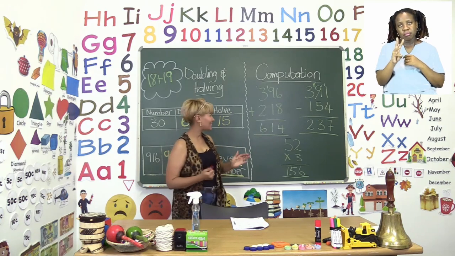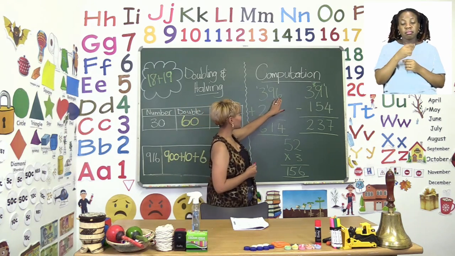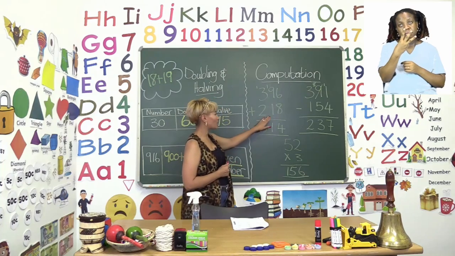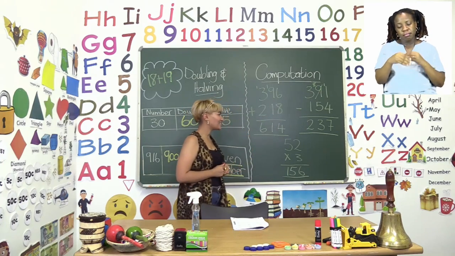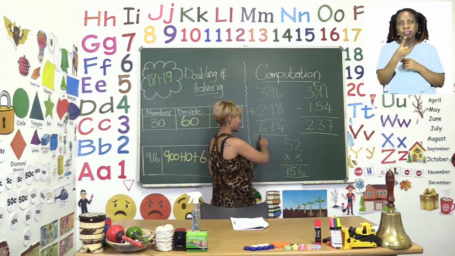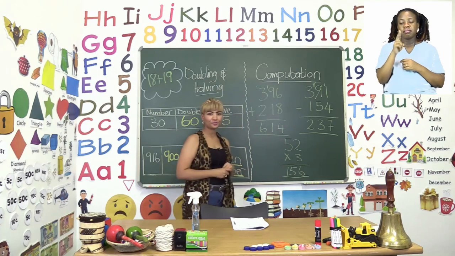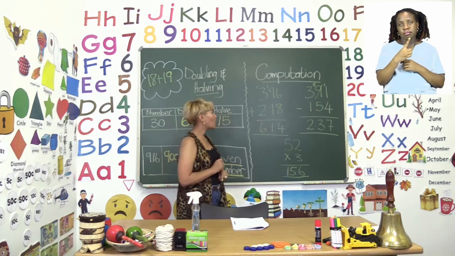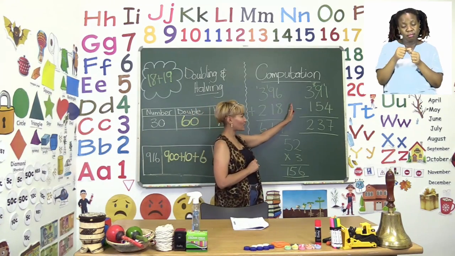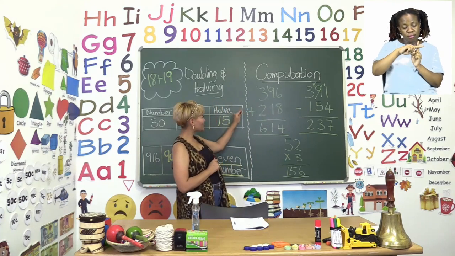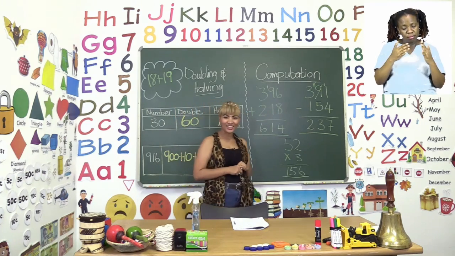So now you will see that 396 plus 218 is equal to 614. Remember, boys and girls, when you add up, we start from our units and we work it back to our hundreds.